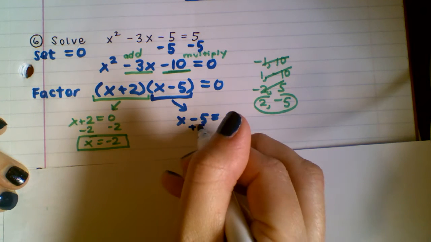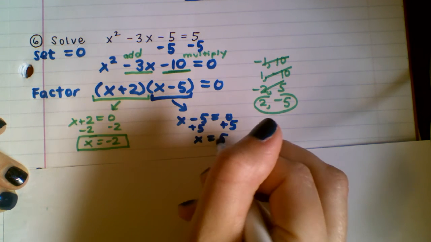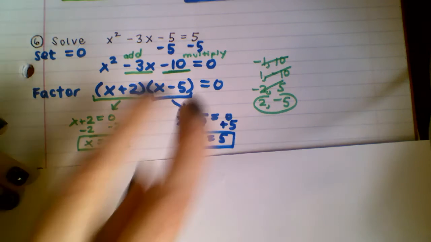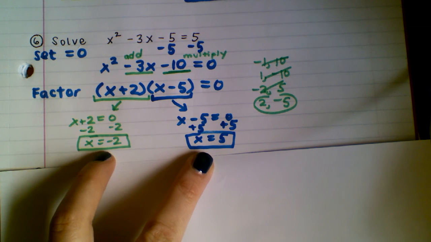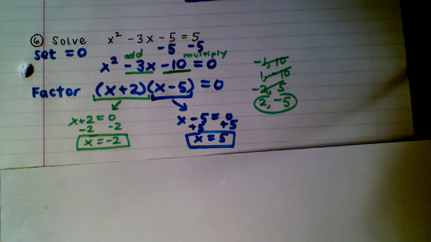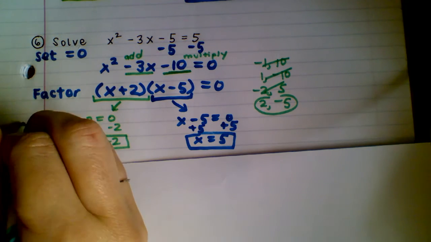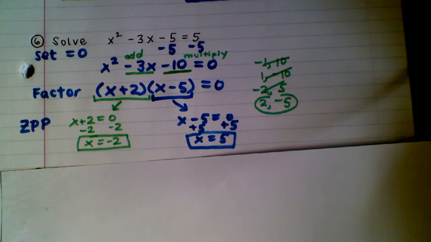Add 5 to both sides. And x equals 5 is my second and final solution. So here's my two solutions. X equals negative 2 and x equals 5 are my solutions to this original quadratic equation. And we found it by setting equal to 0, factoring, and using the zero product property.